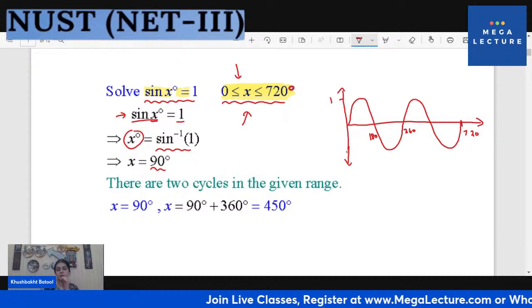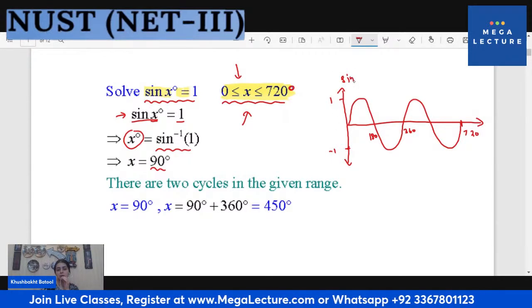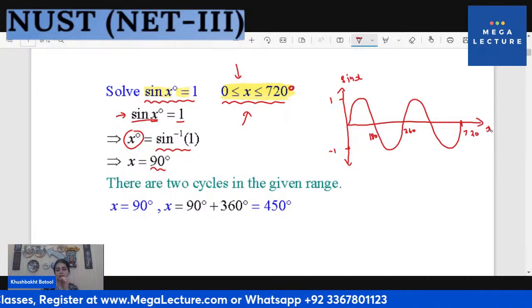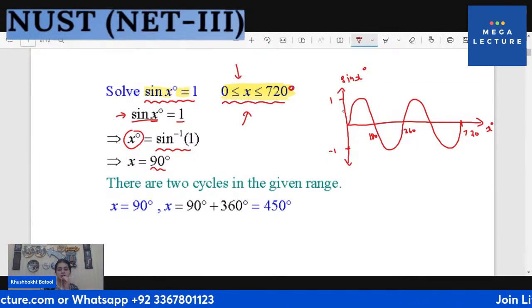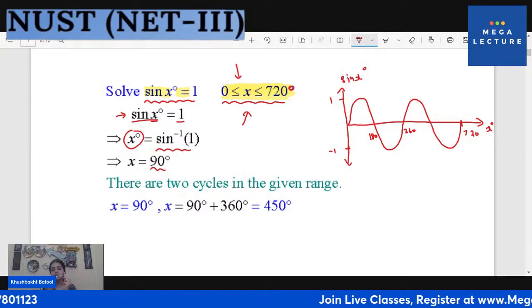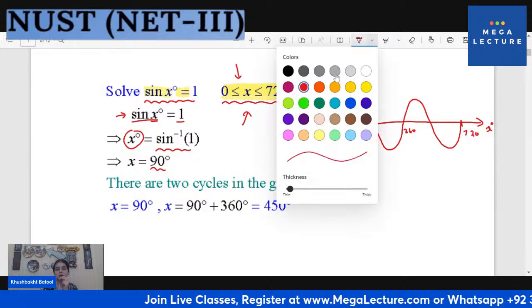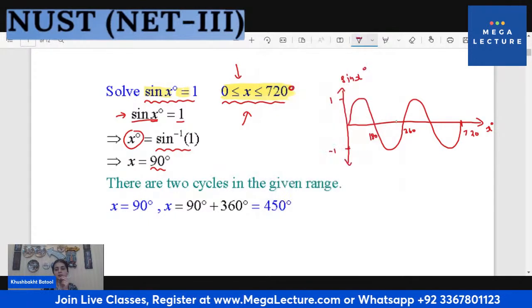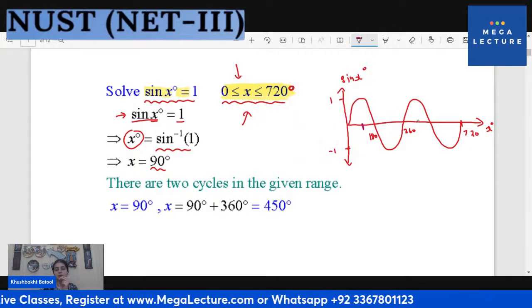This is 1, this is minus 1, and we are talking about sine of x, and this is x degrees. We are just interested in seeing on what values of x or theta sine is giving you 1. So sine is giving you 1 on multiple places, on this, on this.